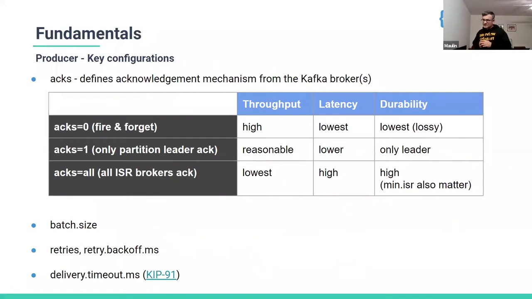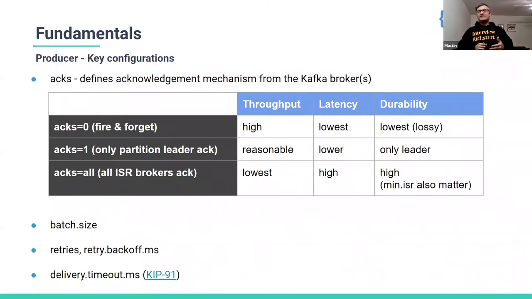So send mode is one important part of the producer. The other is that there are additional configurations apart from bootstrap servers and serializers, which are acks, for example.